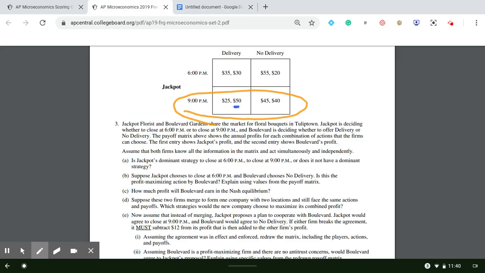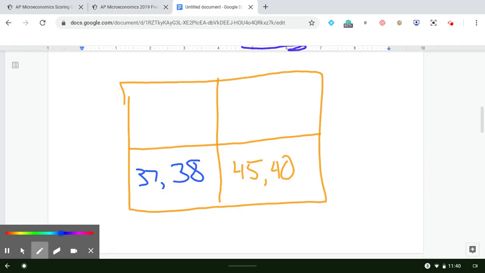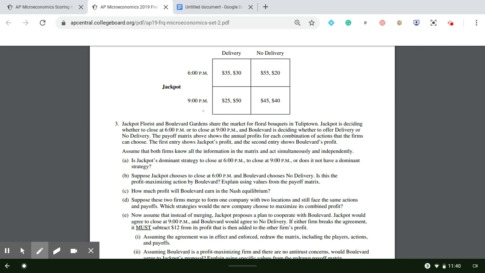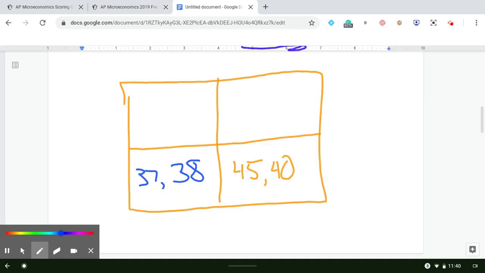Okay. All right. So that's if Boulevard cheats. Okay. I think this corner, the Nash equilibrium corner, I think that'll stay the same because that means they both cheated, so they just pay each other $12. I guess 35 and 30.